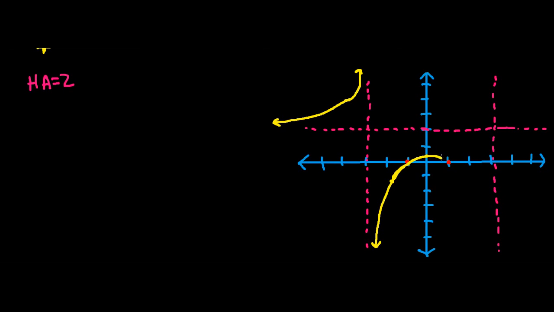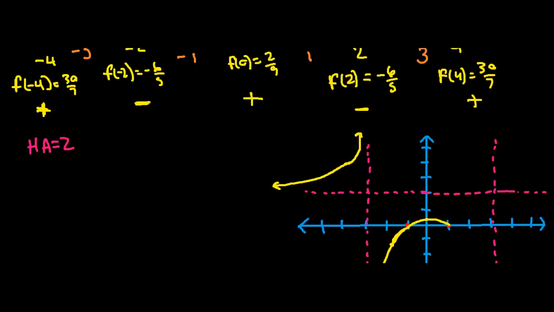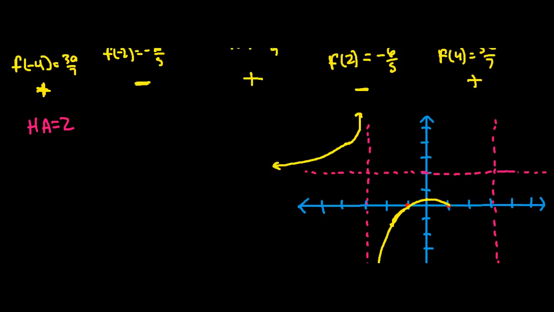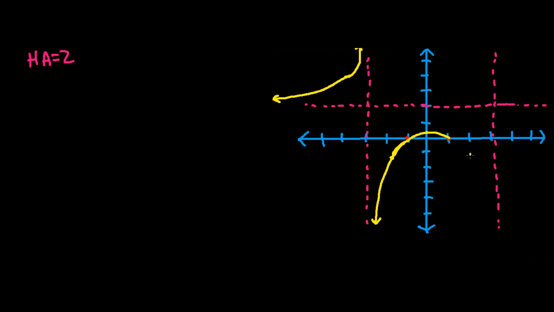And then it's going to come back to the x-intercept. And then we saw that this was symmetrical to the other side. So it is also going to be a negative function value. So it's going to go to negative infinity as it begins to approach the asymptote. So like that.